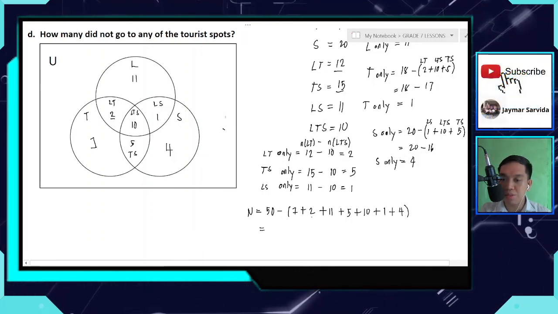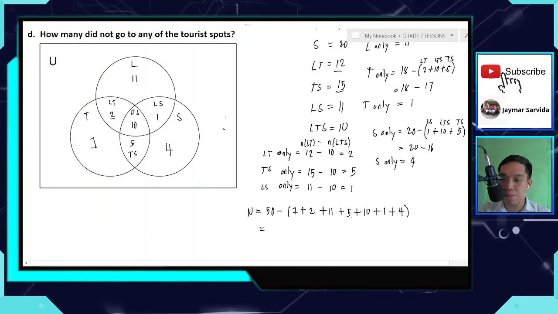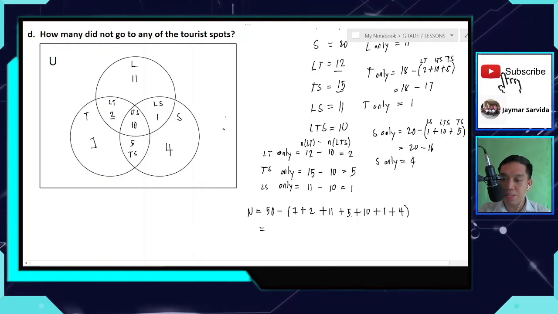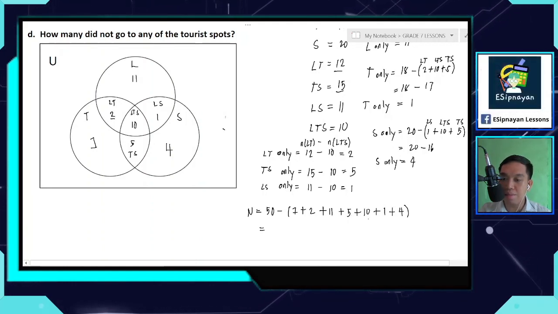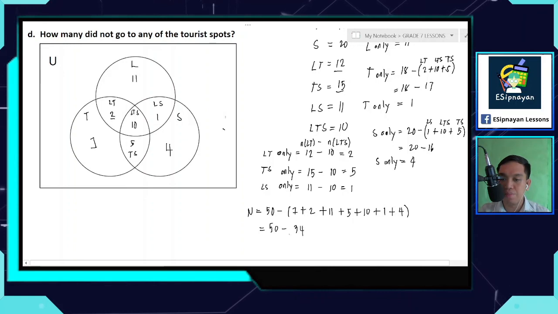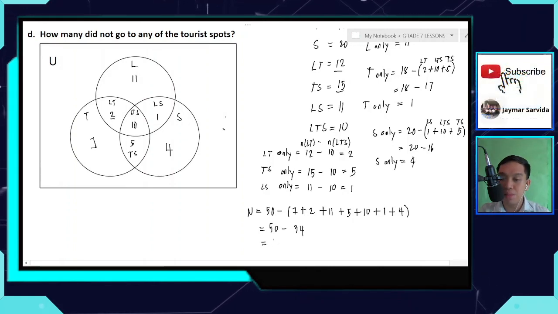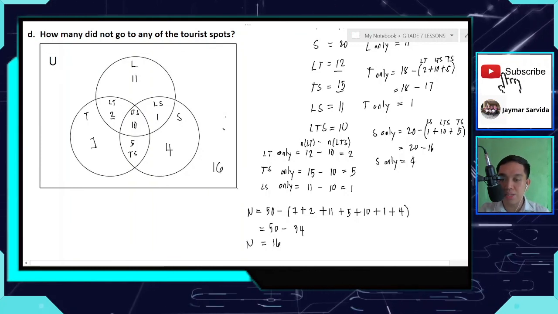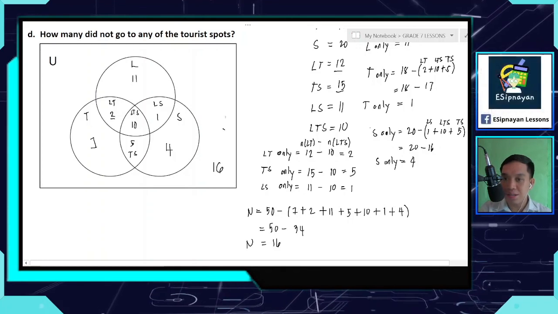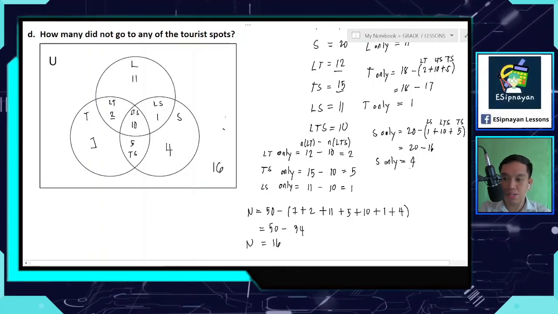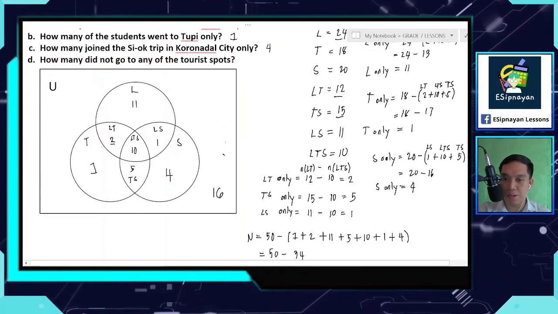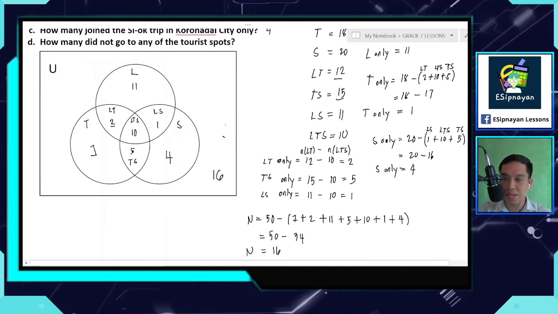So 1 plus 2, 3. 3 plus 11 is 14. 14 plus 5, 19. 19 plus 10 is 29. 29, 30, 34. So 50 minus 34. And that is equal to 16. Okay, yung N natin ay 16. So therefore, mayroong 16 students na walang pinuntahan sa kahit anong tatlong tourist spots natin. So the answer in letter D is 16.